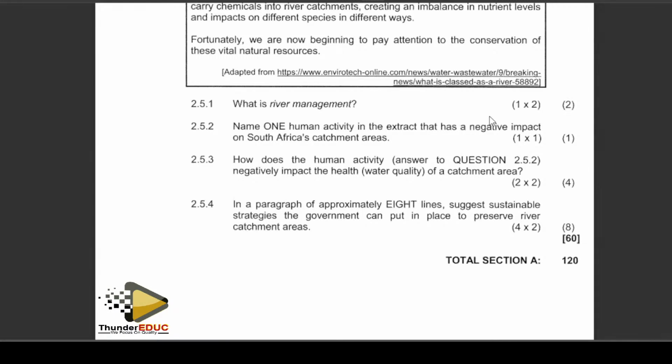Right. What is river management? This is a concept again. We cannot define a concept the same way. A concept, you define it the way you understand it. But you should be able to figure out a definition that addresses the basic requirements of the geographical effect. So basically here we're looking at, maybe you can look at it as measures to protect rivers or catchment areas.